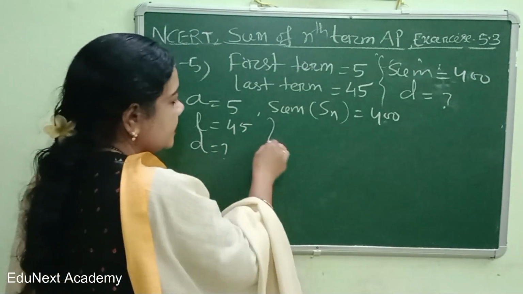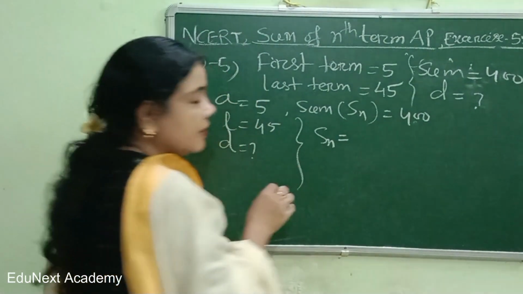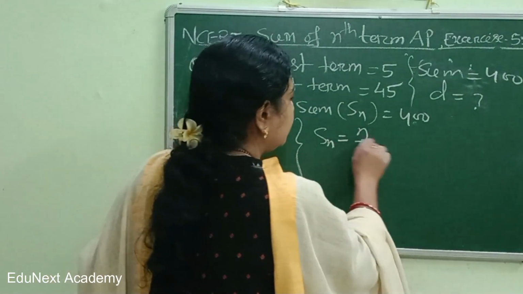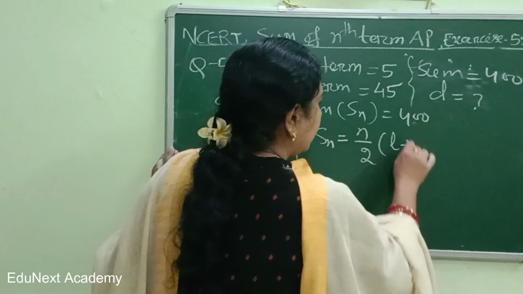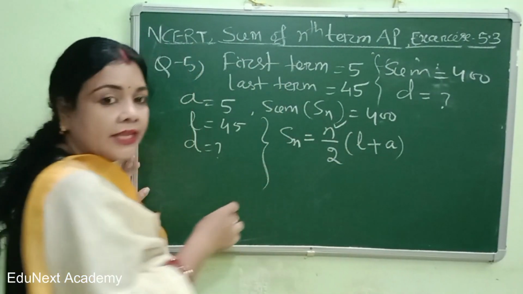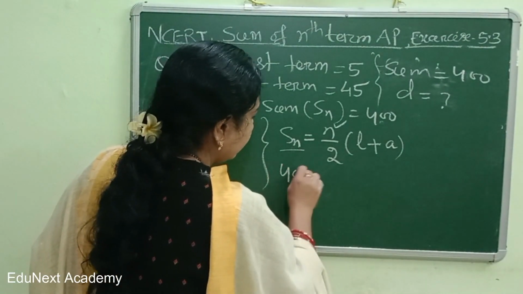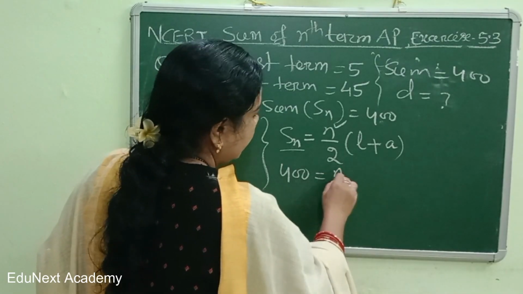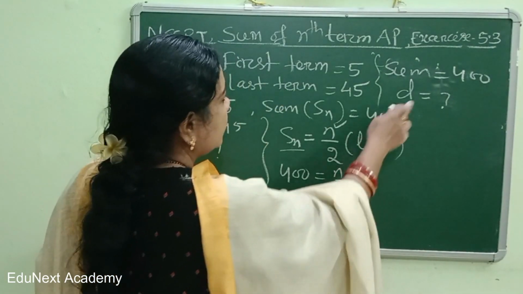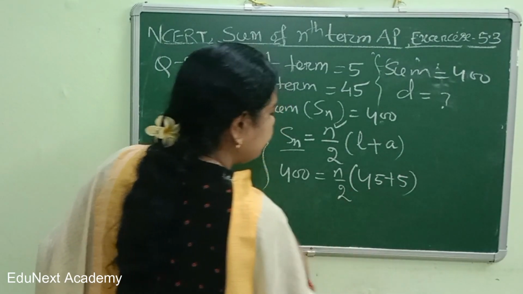In this case, I have to use another formula. S of n is equal to n by 2 into first term plus last term. Now we have to find out n. It is given 400, so 400 is equal to n by 2 into the last term 45 plus the first term 5.